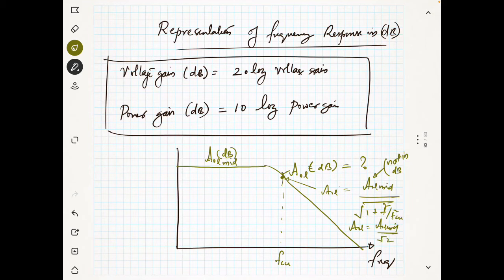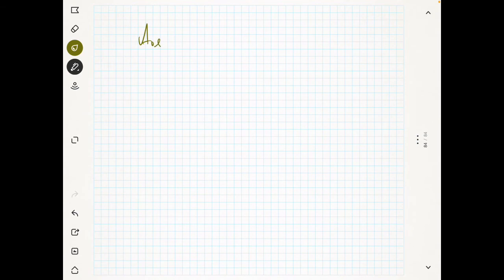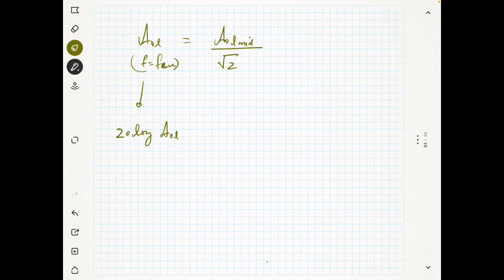So I am going to change the voltage gain into dB. At critical frequency, at f equal to FCU, AOL is nothing but AOL mid divided by square root of 2. To convert into dB I take 20 log AOL at f equal to FCU, which is 20 log of AOL mid divided by square root of 2.